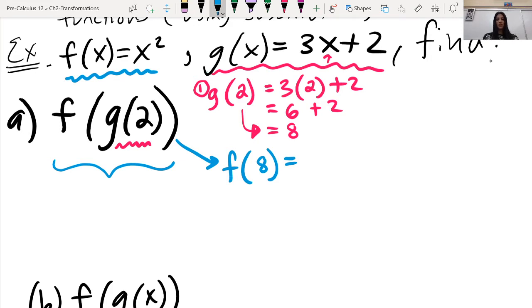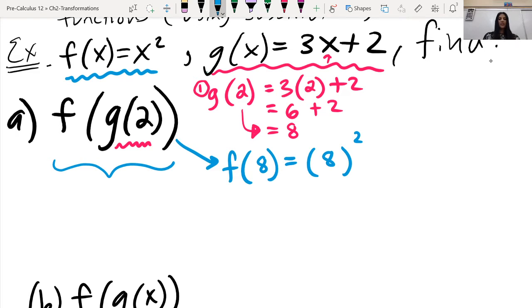If g of 2 equals 8, then f of g of 2 must be f of 8. And so we're simply taking that and plugging that in. It was equal to x squared, but we just said instead of x we're using 8. So it ends up being f of 8 equals 8 squared.